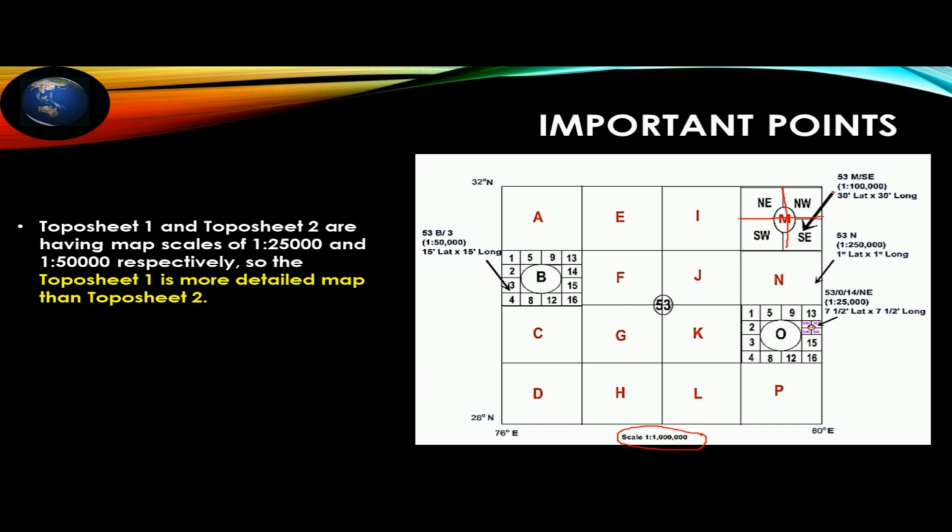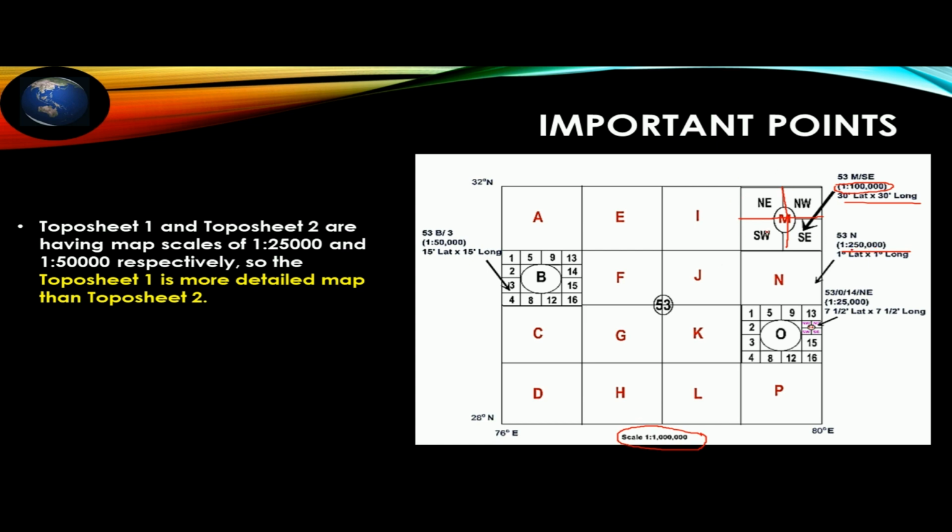Now the scale for the 30-degree lat, 30-degree long will be 1 is to 2 lakh 50,000. In this zone, this is 1 is to 2 lakh 50,000.